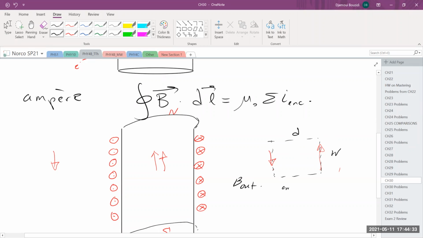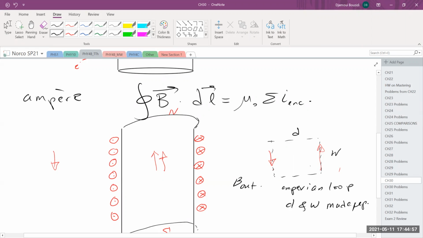So this is an Amperian loop because we want to use Ampere's law, and for that we need to make choices in here. Obviously, the answer should not depend on W or D. It should be independent of both, okay? Because D and W are made up. So that is basically what we're going to say.